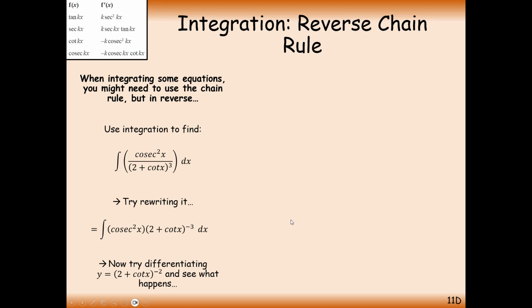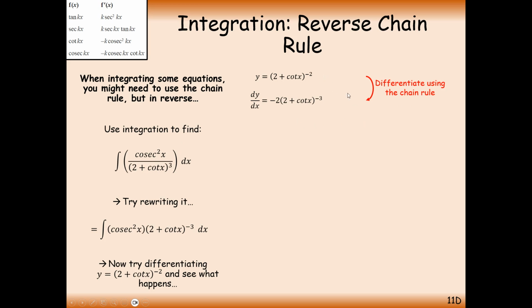Okay? Therefore, if we start with that and we try to differentiate that, what we end up with is the negative 2 in the front. Take away 1 from minus 2, we end up with a minus 3, which is what we have in the denominator, power of 3.